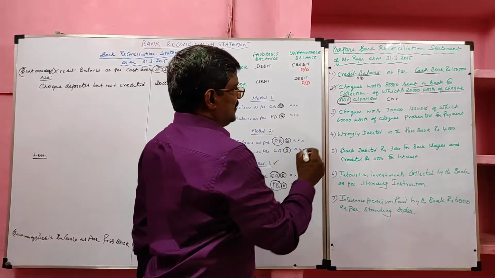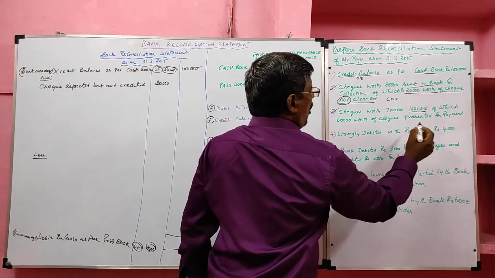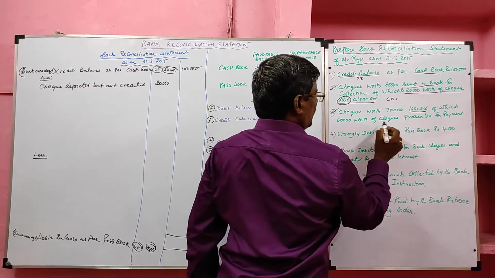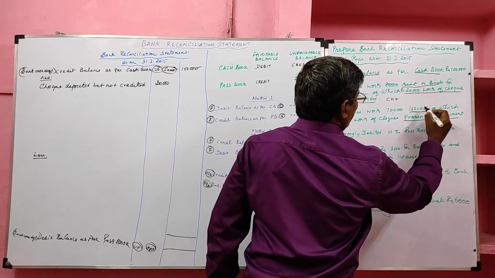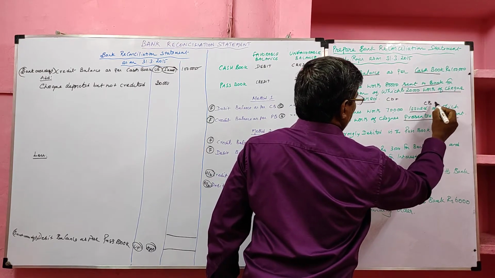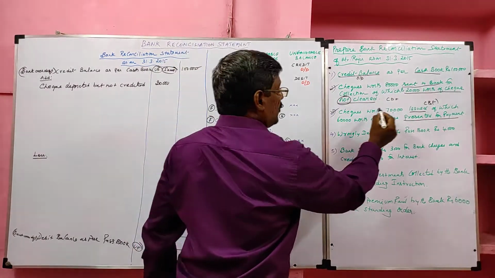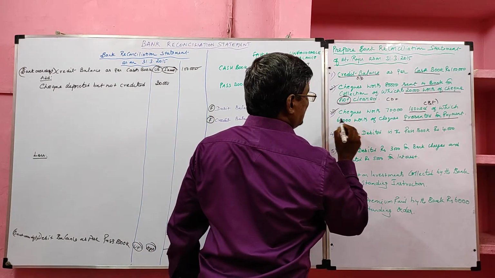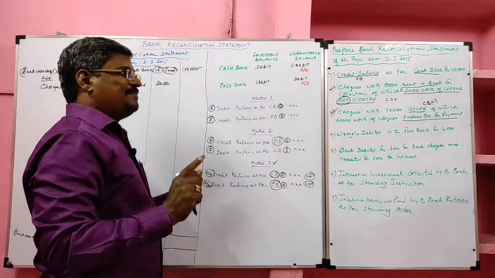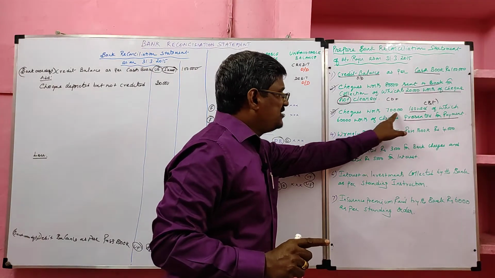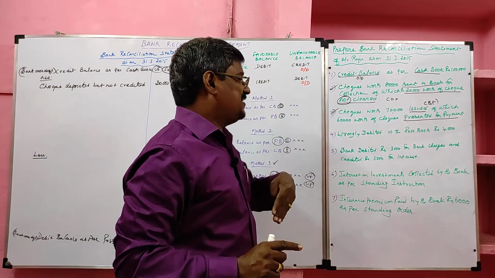Next, third one. Check worth 70,000 issued, of which 60,000 worth of check presented for payment. This transaction took place in the cash book. It was deducted. How much will we take? Check worth 70,000, presented 60,000. We should always consider unpresented, not presented. So we issued 70,000 worth of check, of which 60,000 presented and money withdrawn.